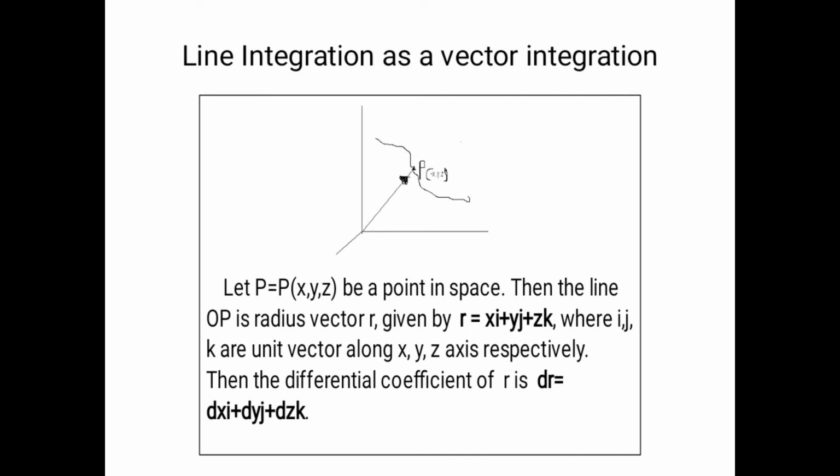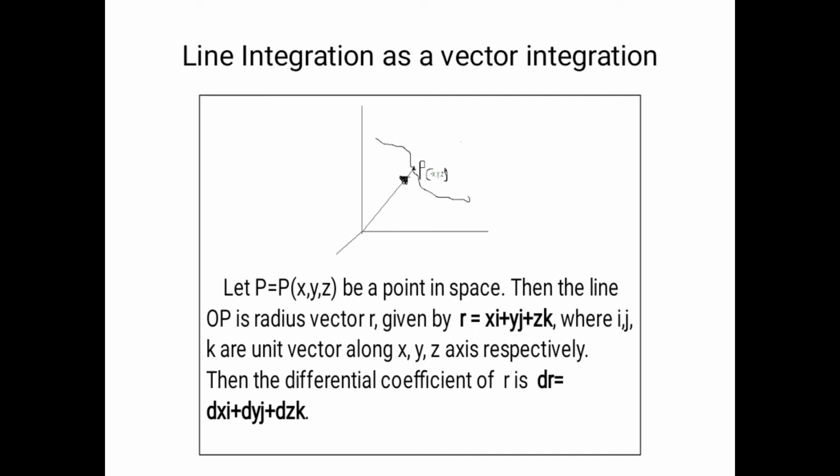The shortest distance from the origin O to the point P, that is length OP, is called the radial vector or the radius vector and is denoted by r.